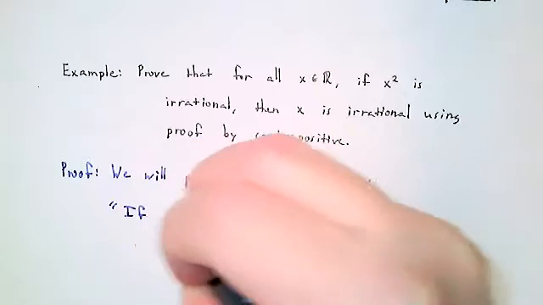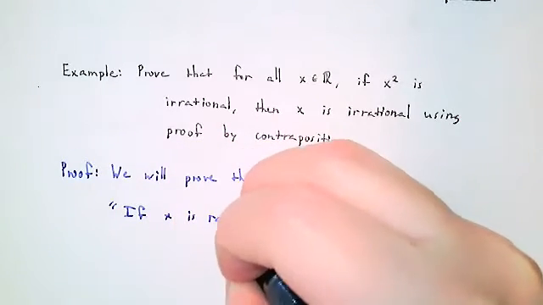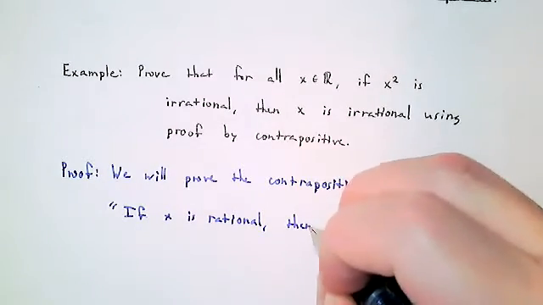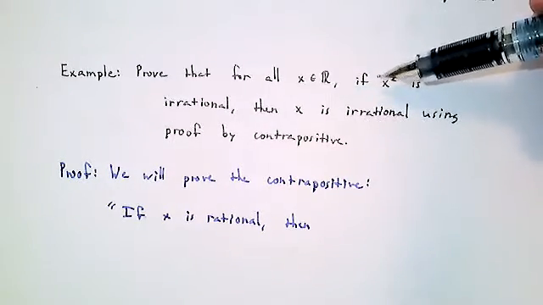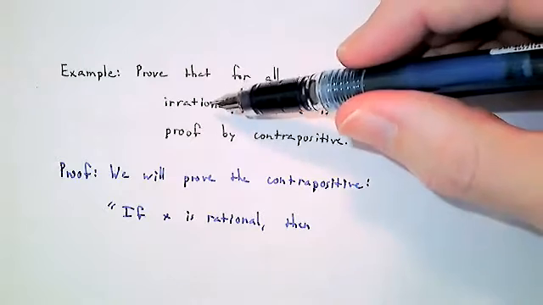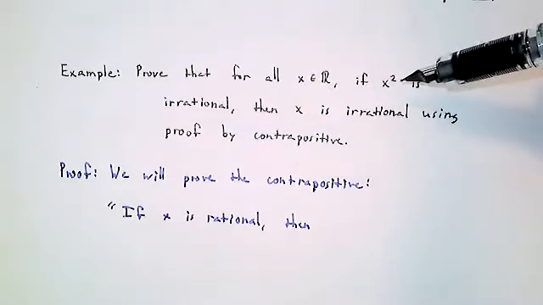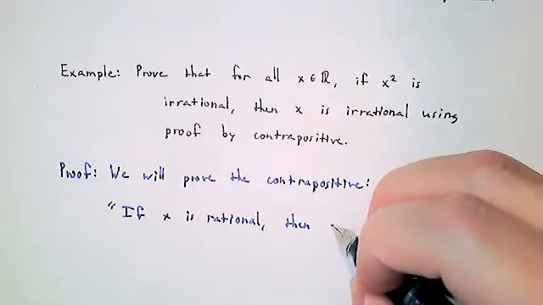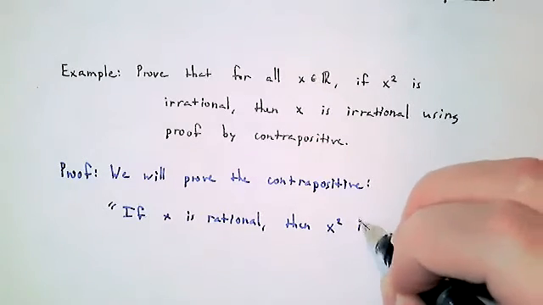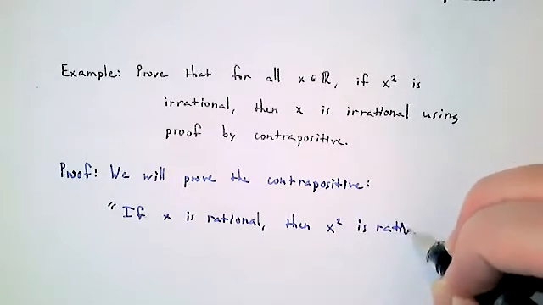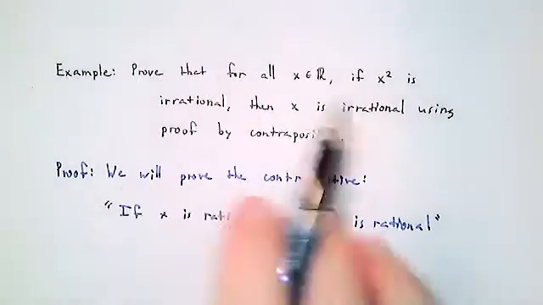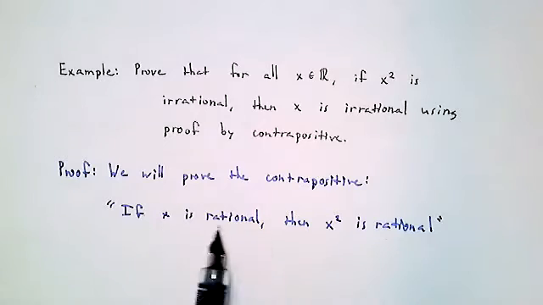If x is rational, then we look at the conclusion of the old way. x squared is irrational, and we find the negation of that. So that would be x squared is rational, not irrational. So instead of proving the original, we're actually going to show this, the contrapositive.